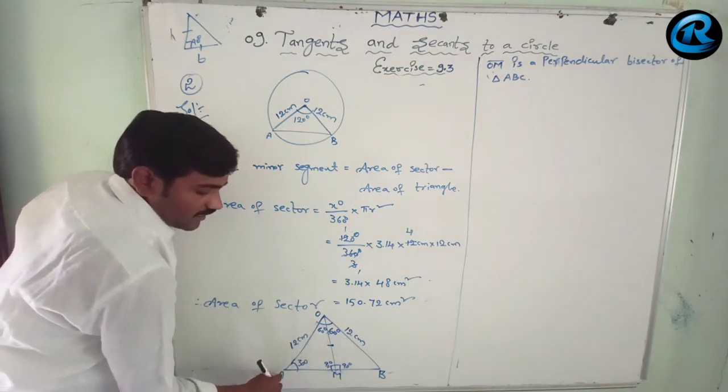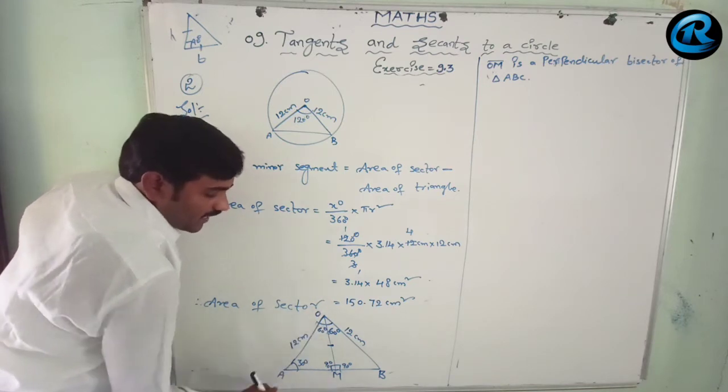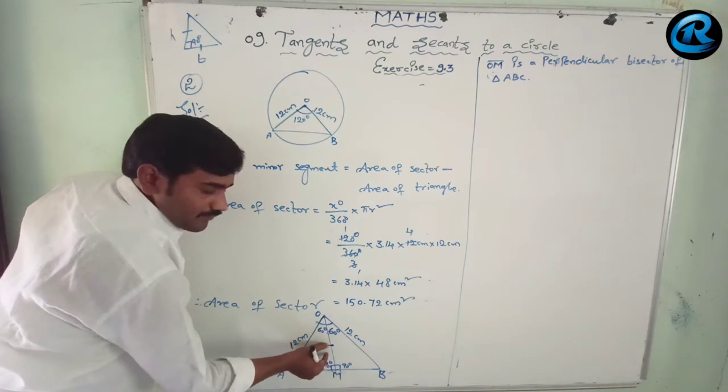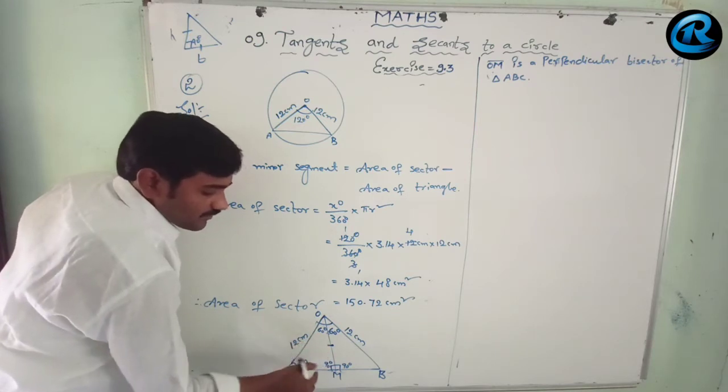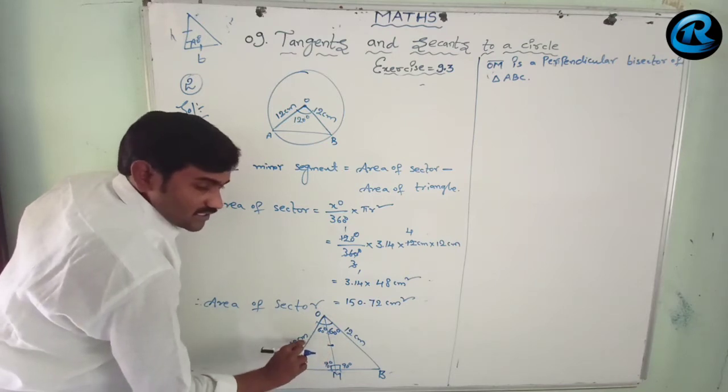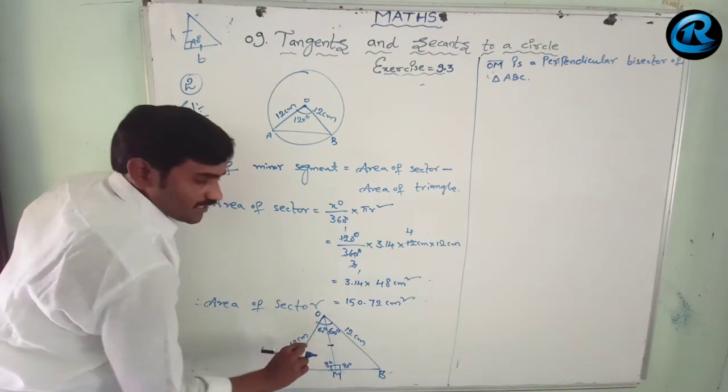In triangle AOM, for angle A the opposite side is OM and the hypotenuse is given. We need to find the opposite side. Opposite side by hypotenuse.